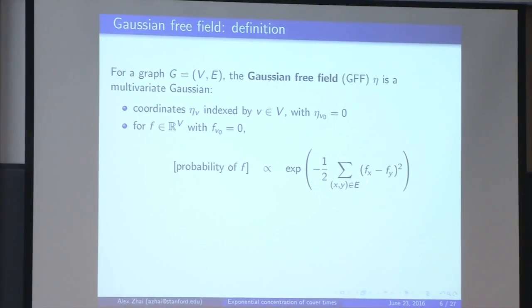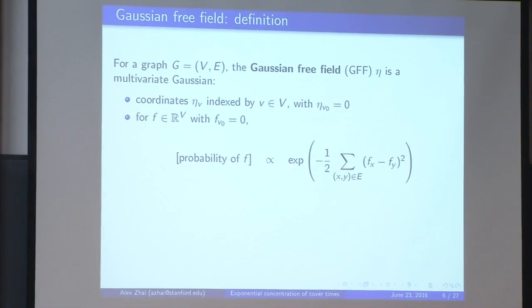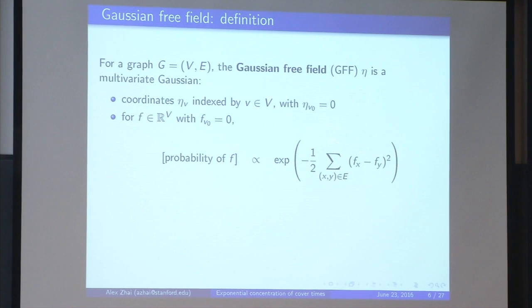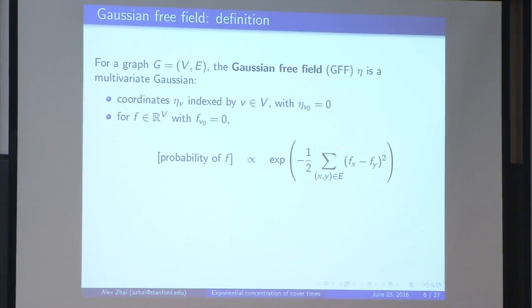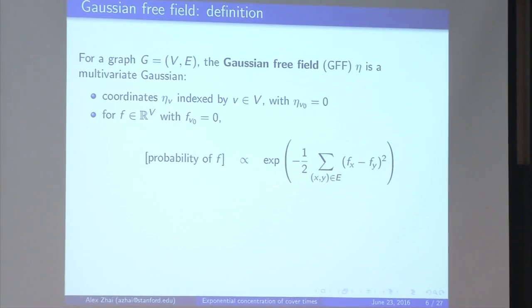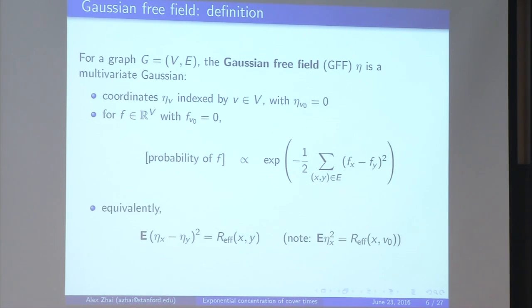Maybe it's not so clear what this quantity means, but one thing to note is that it's encouraging the values to be close to each other for adjacent vertices.